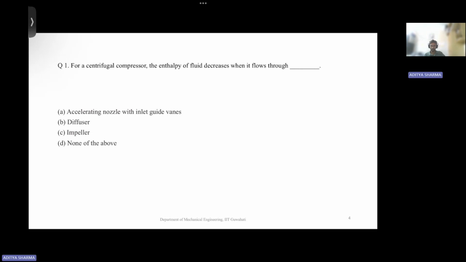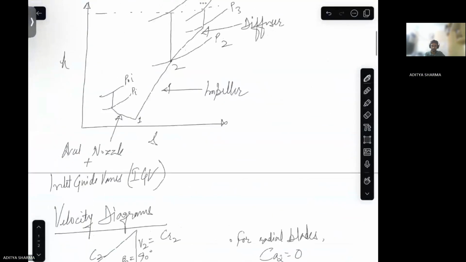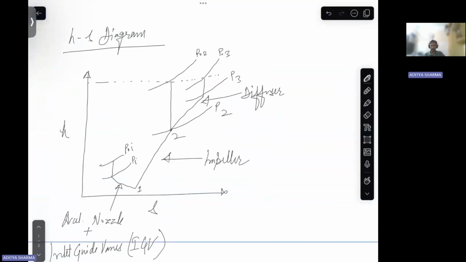But for some part, this enthalpy falls. So out of these four options, which is the correct option? Whether this is nozzle with guide vanes, diffuser, impeller, or no option out of these four is correct. So we can go to the HS diagram. Here, if you see, for your accelerating nozzle and your guide vanes, your enthalpy reduces.